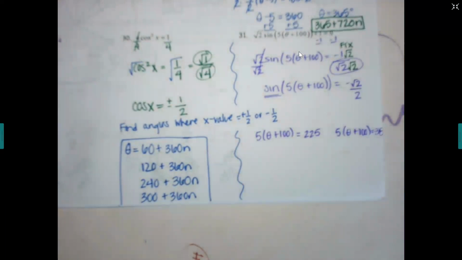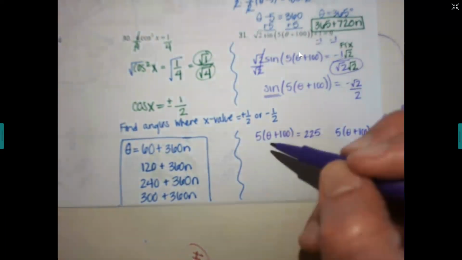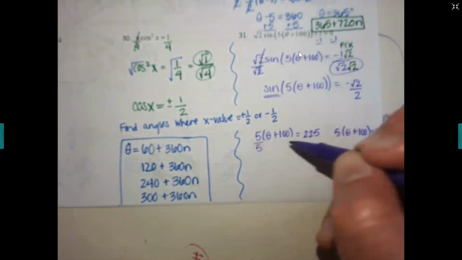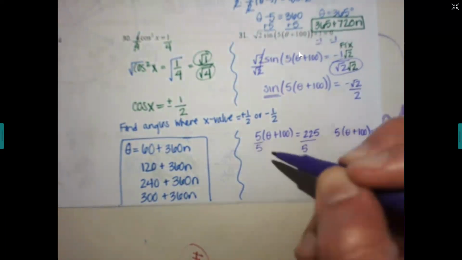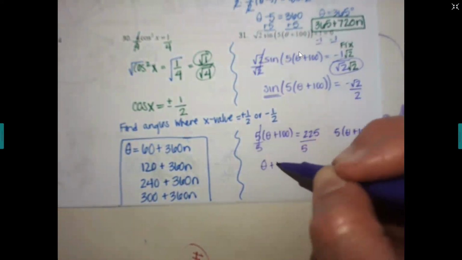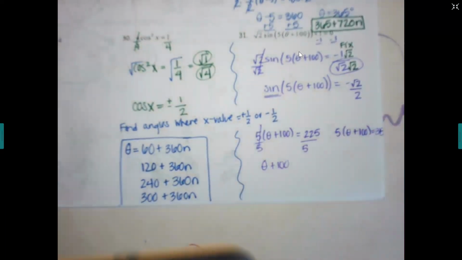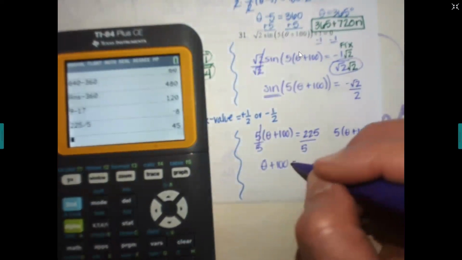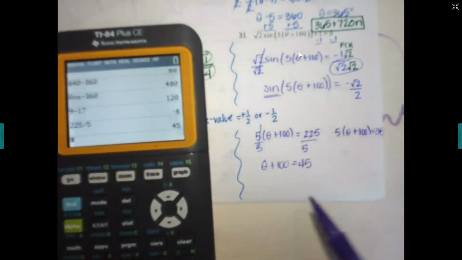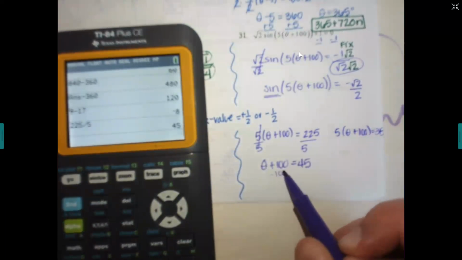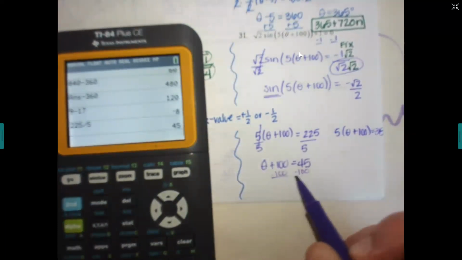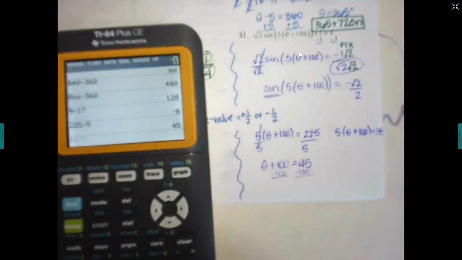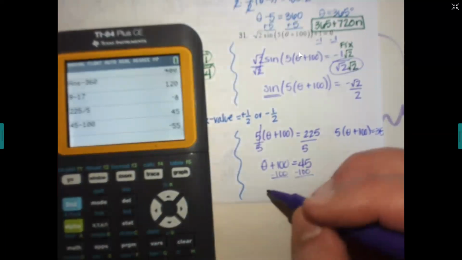Okay. Then from there, let's solve. We're going to divide this 5 out of the way. So I have theta plus 100 equals 225 divided by 5 gives me 45. And then I'm going to have to minus this 100 across. So 45 minus 100, that gives me -55.